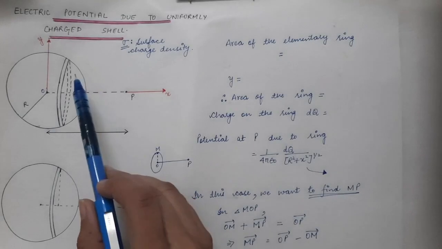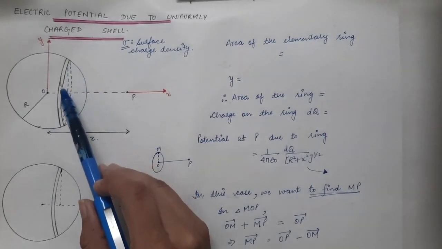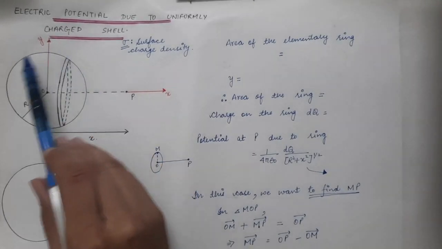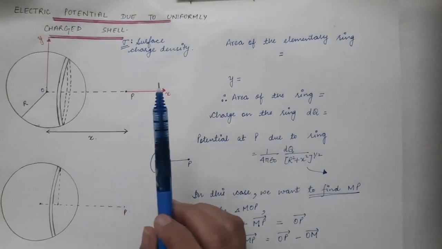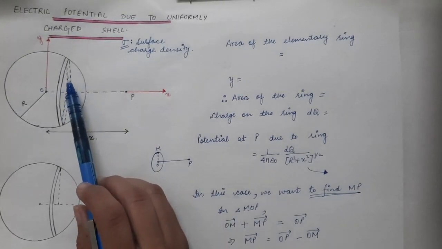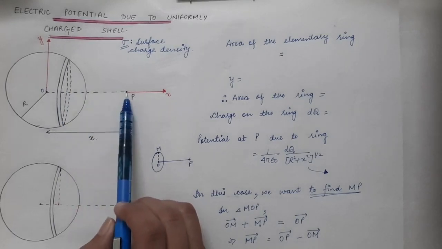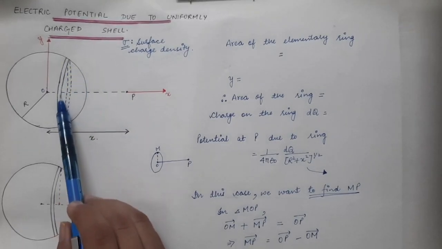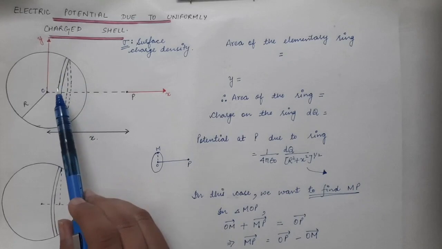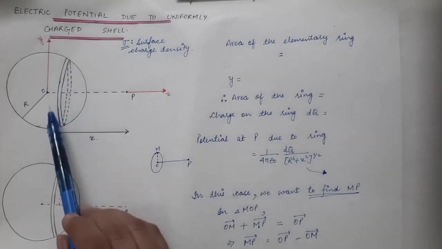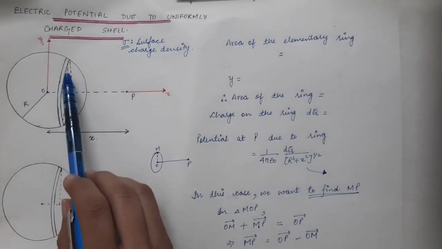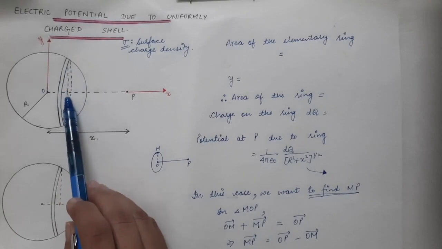To find the electric potential due to this elementary ring, note that the whole shell can be divided into an infinite number of such elementary rings. The first step will be to find the electric potential at point P due to this particular elementary ring that we have drawn. Now let's consider the radius of this elementary ring.